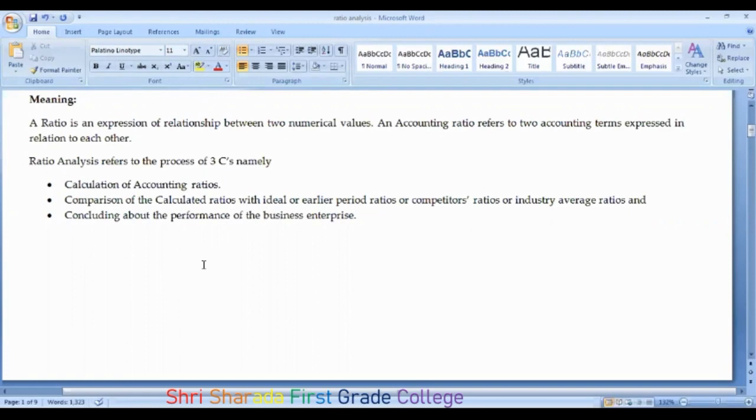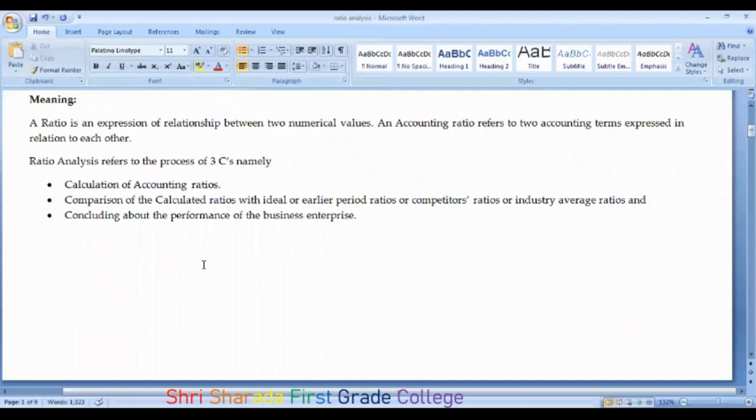Take an example: there are current assets and current liabilities. It is going to estimate and find out the ratio between the current assets and the current liabilities. It is going to analyze and state which ratio is higher or which ratio is decreasing, and what improvement can be done, whether it is increasing or decreasing.